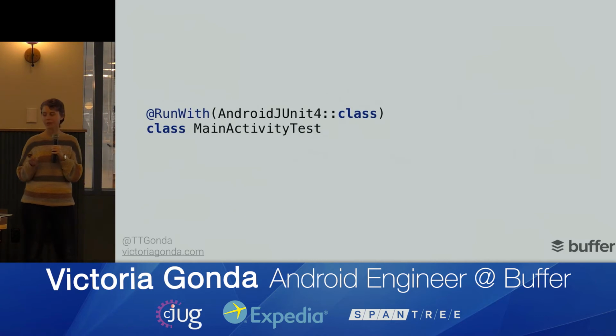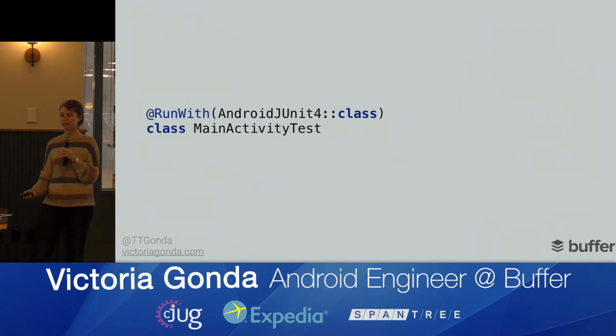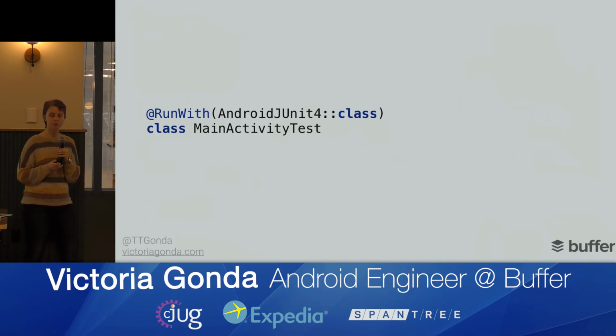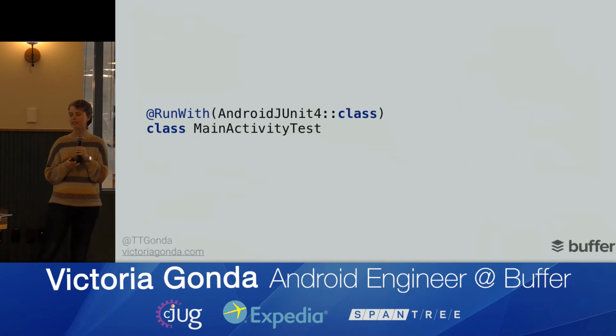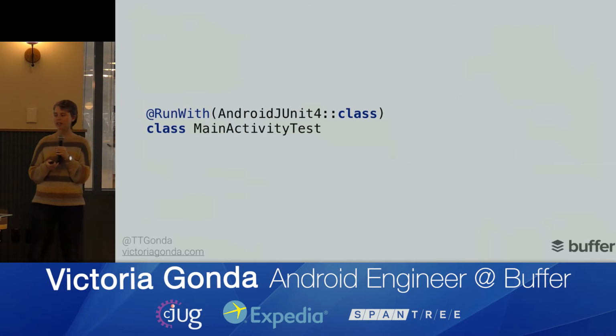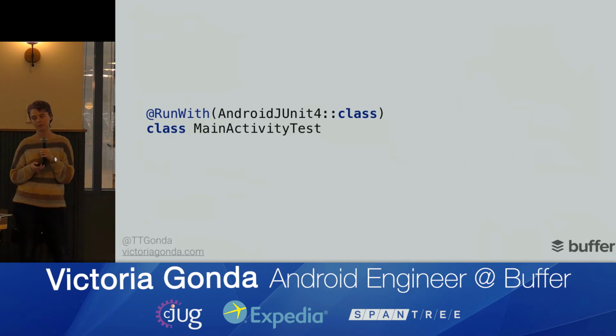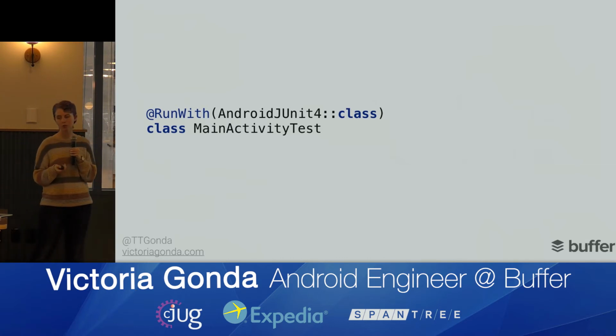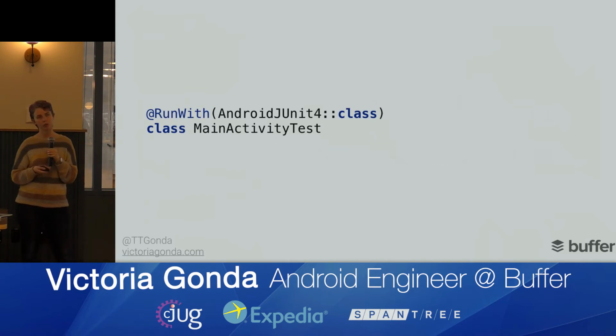So here we go, setting up the test class for the main activity. This tells JUnit to run the test inside of Android JUnit 4 instead of the runner built into JUnit. Android JUnit 4 is a test runner that runs JUnit-style tests for Android tests. And when used in Espresso tests, it helps control the launching of the app and running those UI tests.